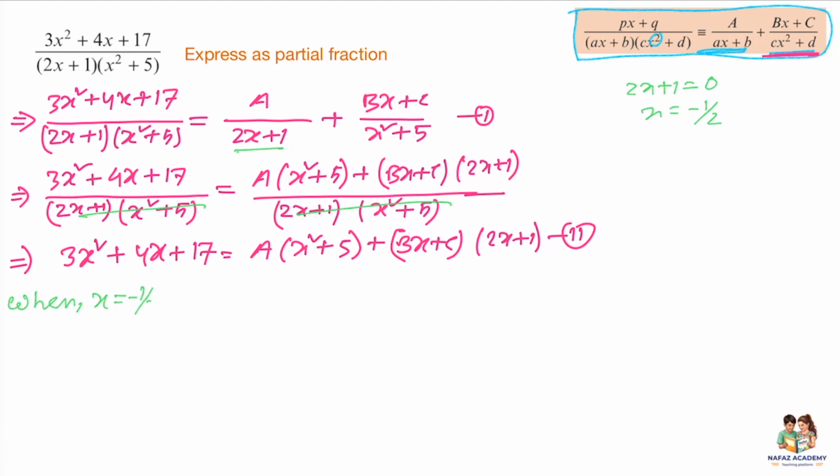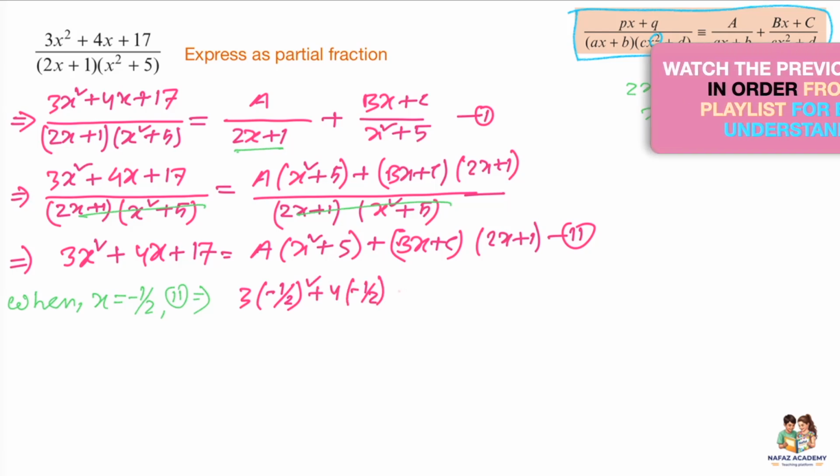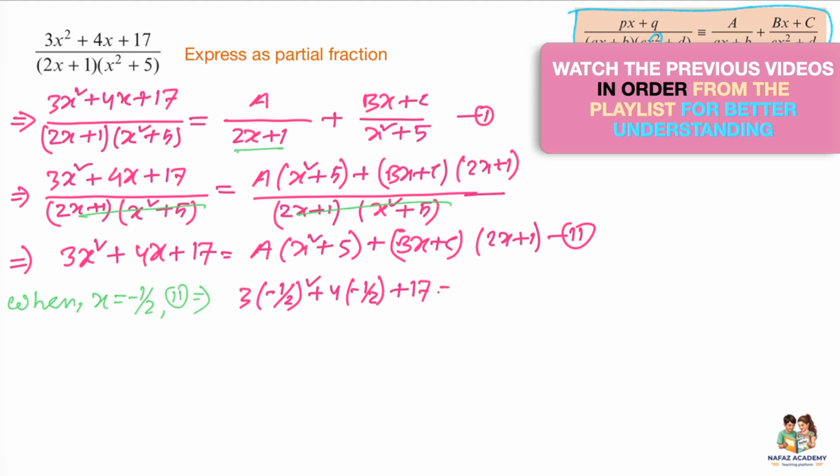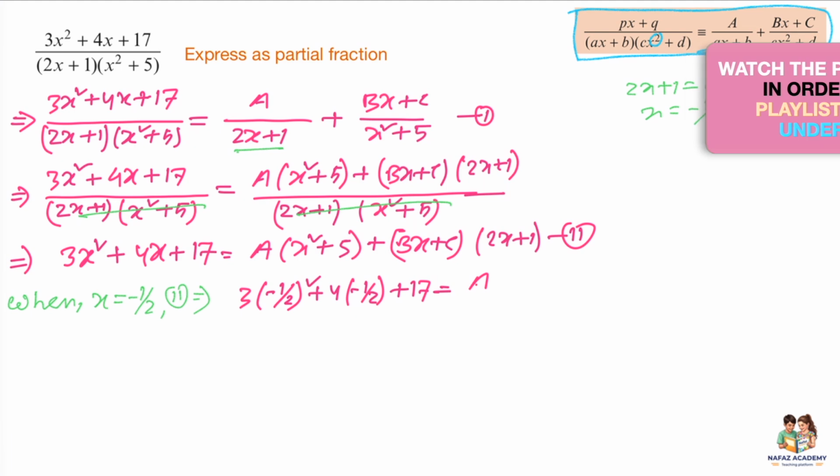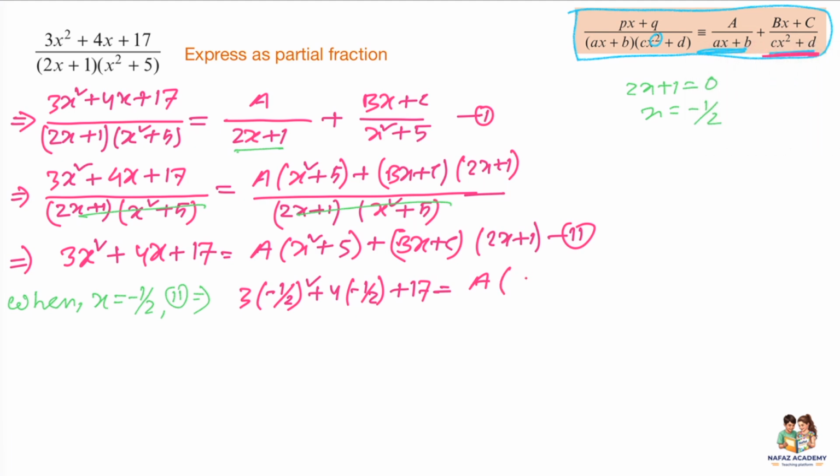So when x equals minus 1 by 2, substituting in equation 2, here's the left side calculation: 3 times minus half square plus 4 times minus half plus 17 equals, and this part will be 0, minus half, part B maybe.